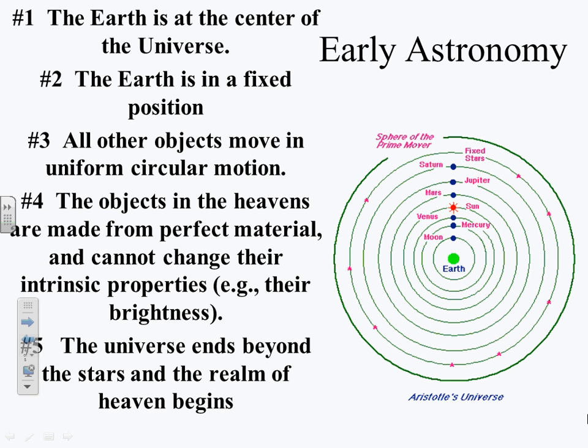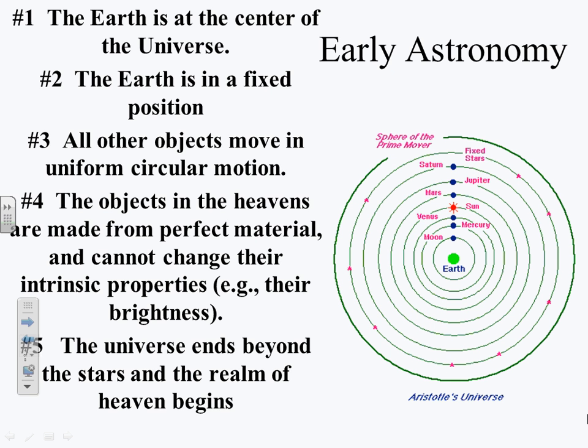There's a lot of conjecture about what made up the mass of planets and stars, but they talked about it being perfect in the sense that there was no change in the mass or in the properties and the composition of the stars and planets.